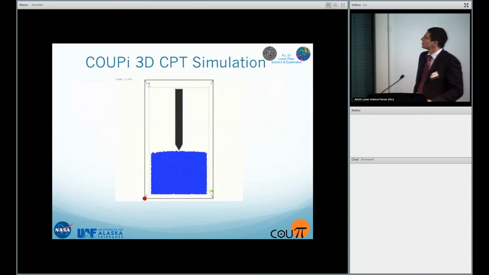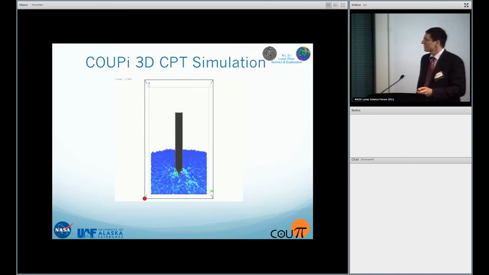We do other tests, and this is one of the tests that you can see on our poster number 16 here. I'll just show it because it shows nicely the force chains in the grains. This is a pretty dense packing of the regolith.